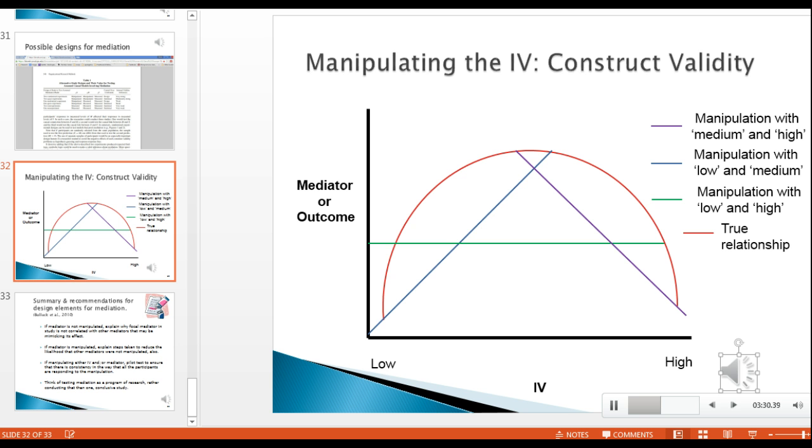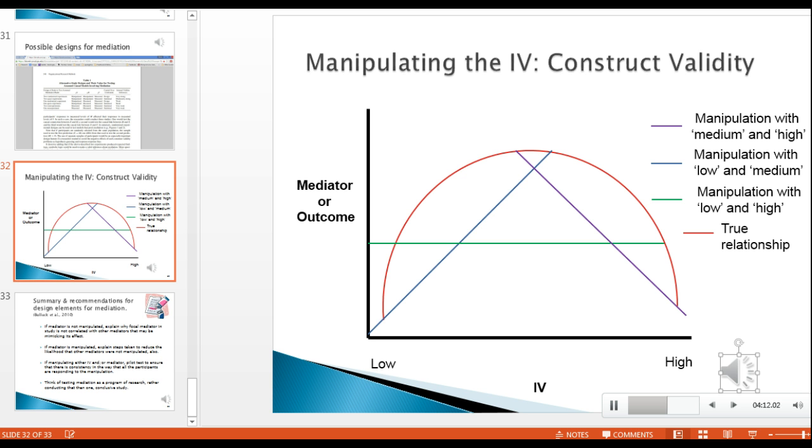In the other case, let's say we had low stress and then moderate stress as two conditions. That would be evidenced by the blue line, and it would show a positive relationship. So we put some people in the condition of low, some people in the condition of moderate, and we would make the wrong inference that the relationship between stress and the outcome is linear and positive. If we somehow took moderate levels of stress and high levels of stress and made conditions based on those, and then we ran the data, we would incorrectly conclude that the relationship is negative and linear, as in the purple line.